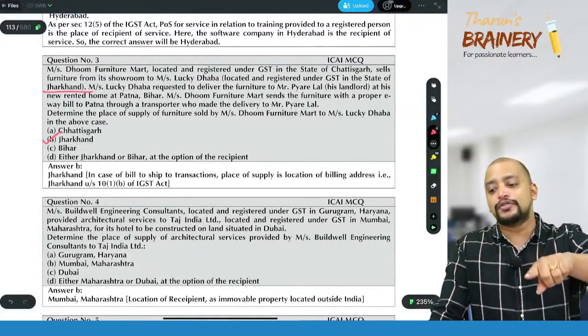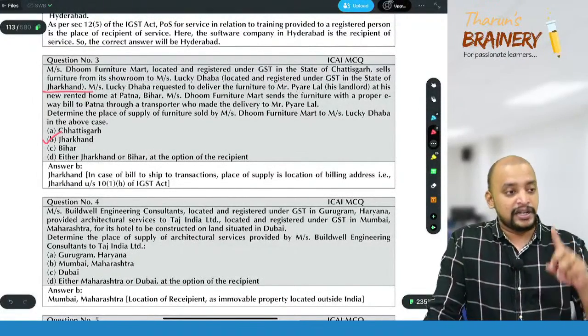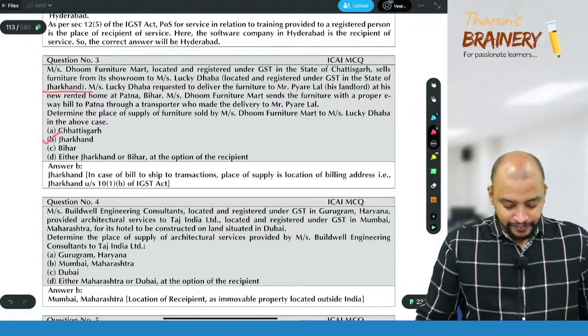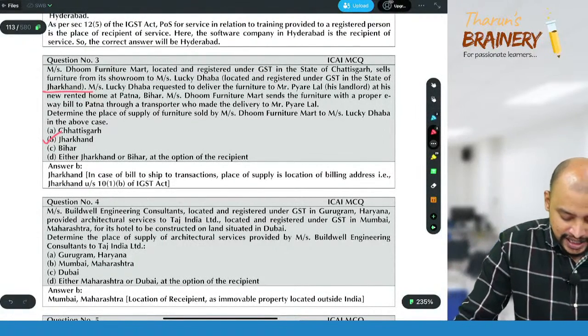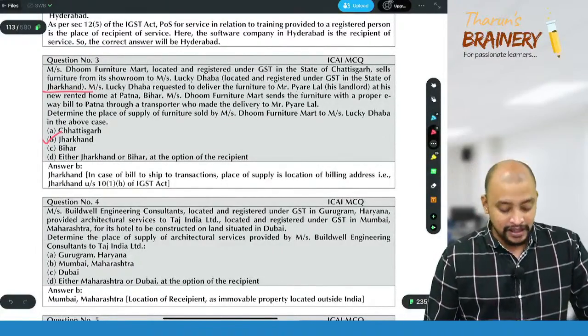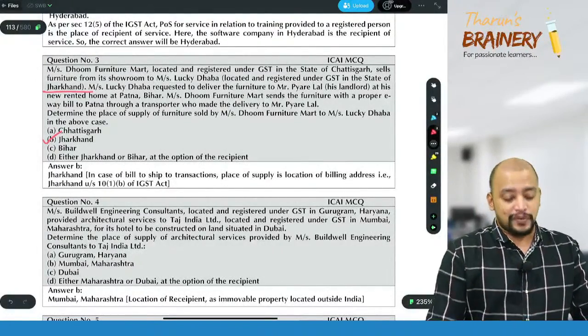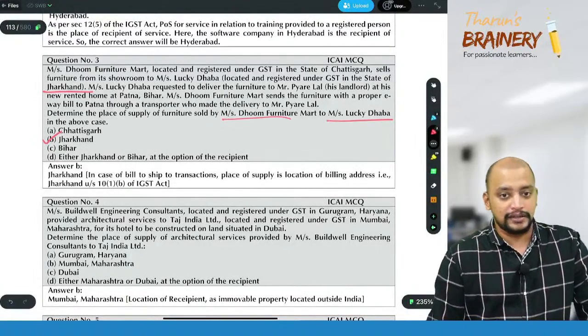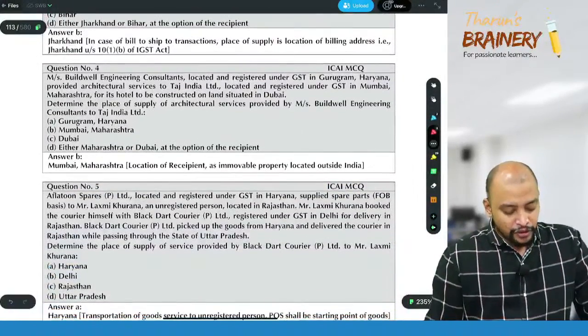There is movement of goods from one person to another person. Supply involves movement of goods. So we need to take what? Ending point. So ending point is Patna, Bihar will be taken as the place of supply. But here it is Jharkhand because the question is for the supply between Doom Furniture and Lucky Daba. That's why.